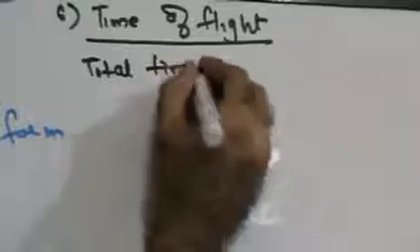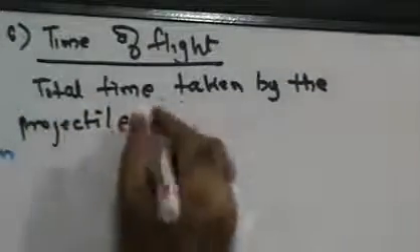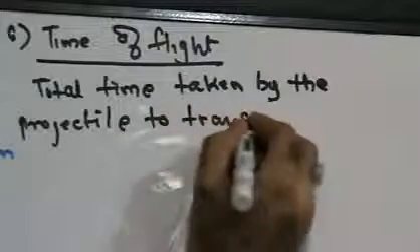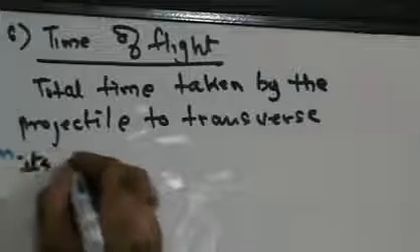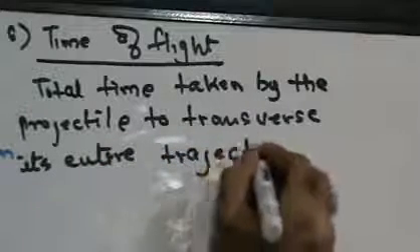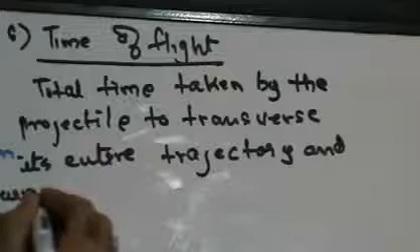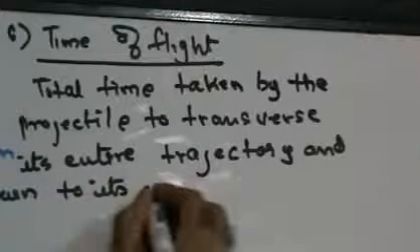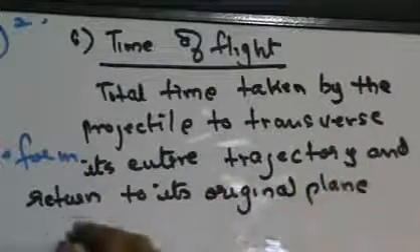So time of flight is the total time taken by the projectile to traverse its entire trajectory, that means the path, and return to its original plane of projection.